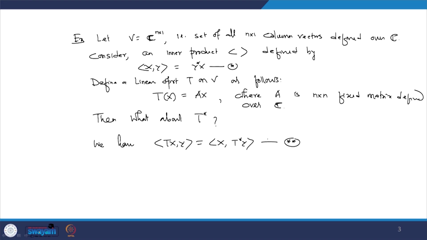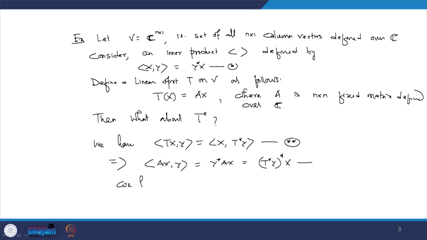This implies the inner product of A x and y equals y star A x, which equals the inner product of x and T star y, that is, T star y star x. So, we have to find what T star is.